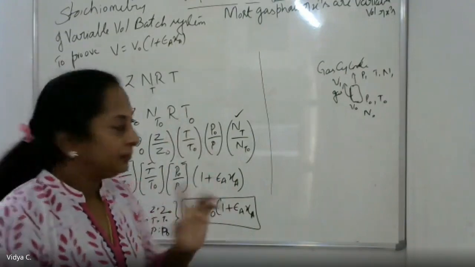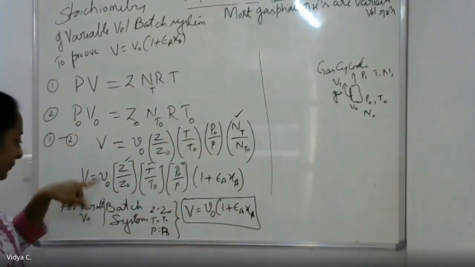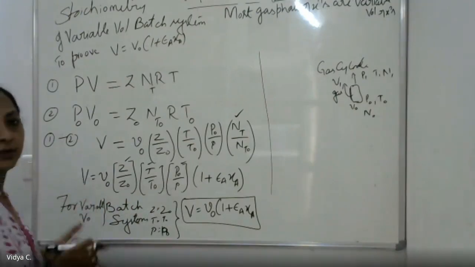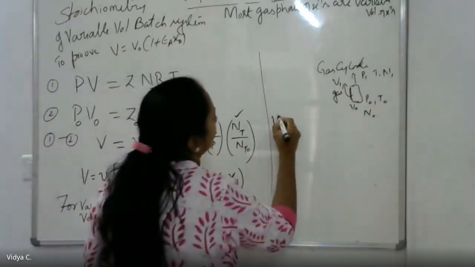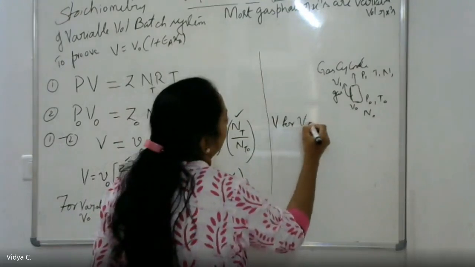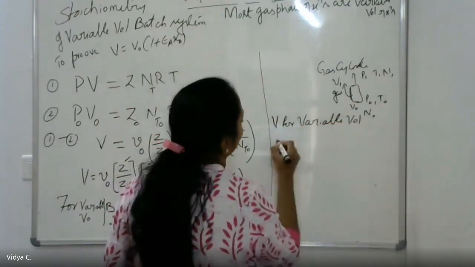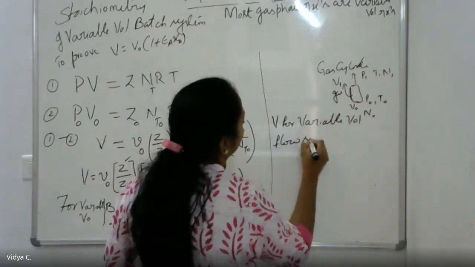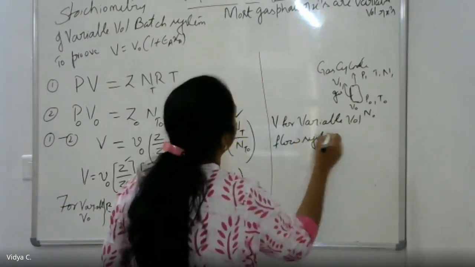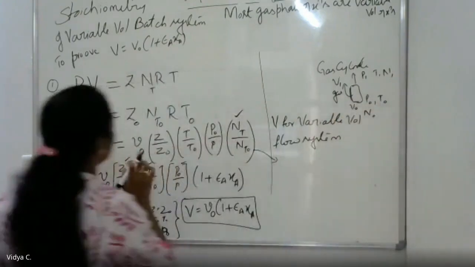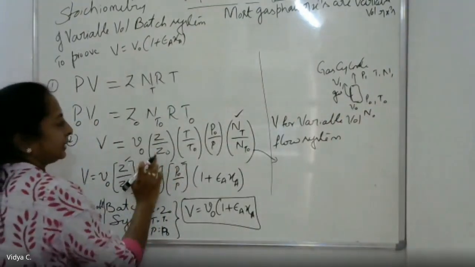So for a variable volume flow system, the equation for V remains the same. I have to repeat writing this equation. It is the same equation because all these conditions are varying. Z naught, Z is varying.